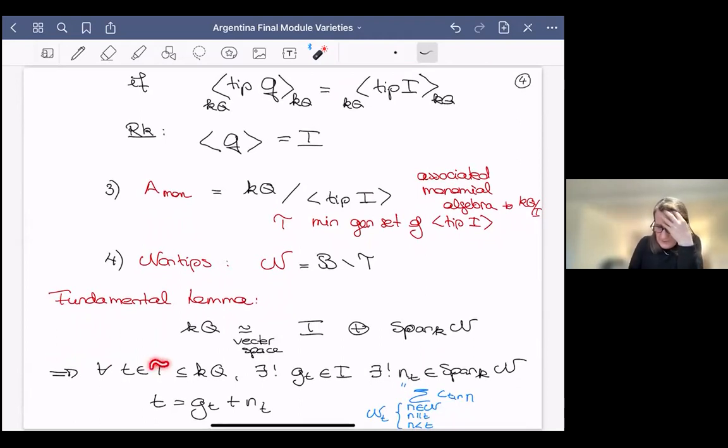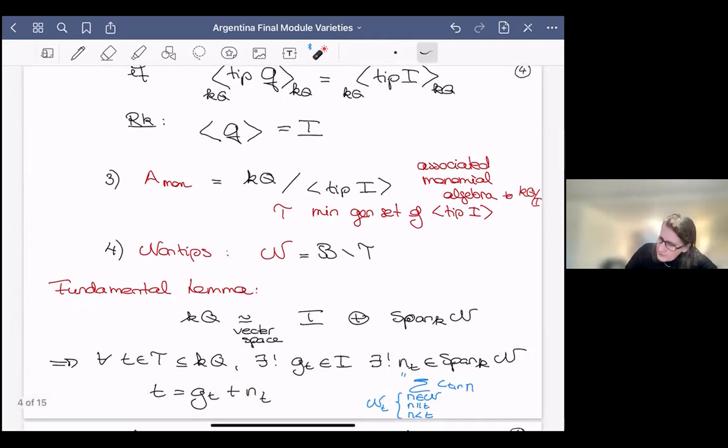And how does that go? Okay, so our tip set T here, the minimal generating set of the tip ideal, is of course a subset in KQ. So this means there's a unique element here and a unique element here, so unique G_T in here and a unique N_T in here, such that T is the sum of G_T plus N_T.